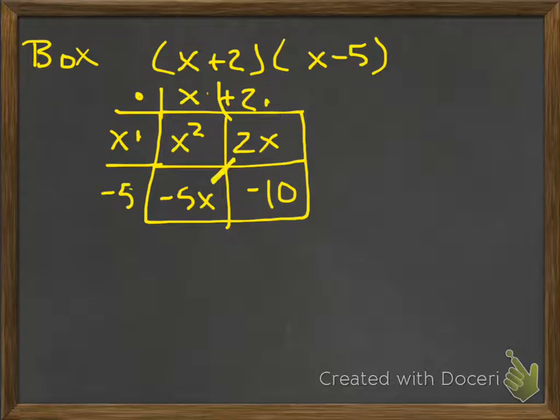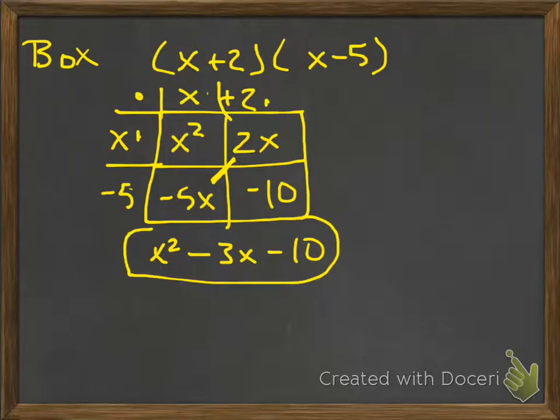Now again, if you notice, these two boxes have like terms. So combine them. So to write it out, you're going to write x squared. 2 minus 5 is negative 3. And then minus 10. And there's your answer. Okay, so again, that's the box method. If you know Punnett squares, then that should look fairly easy.